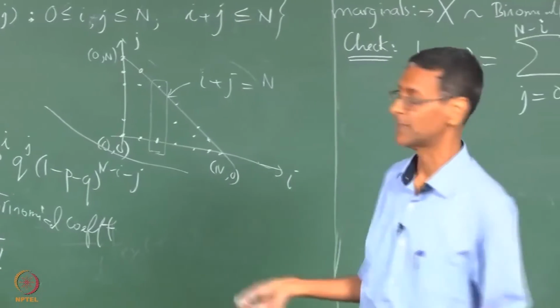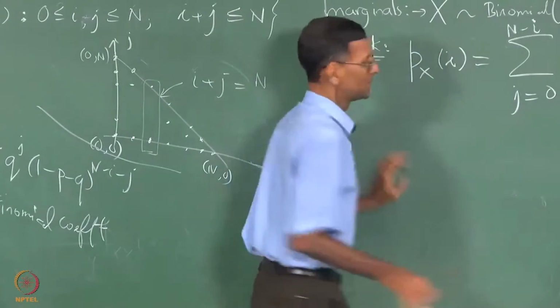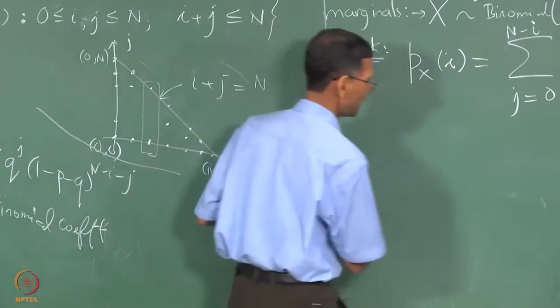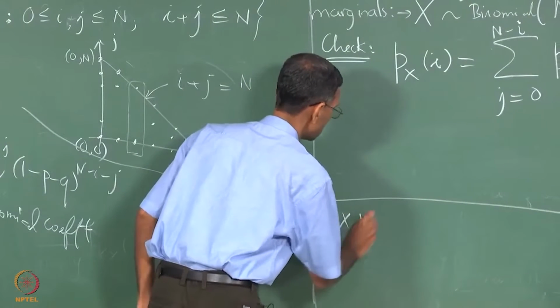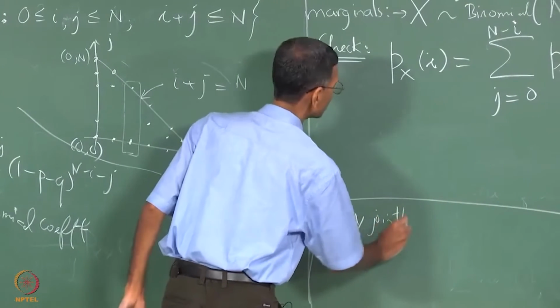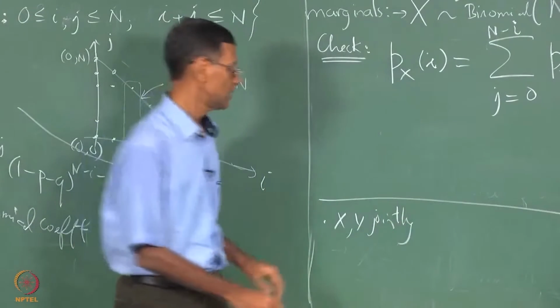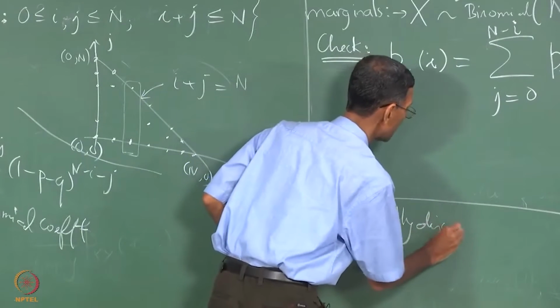X and Y being jointly discrete means, in other words, that they are described in terms of a joint PMF. If they are jointly discrete, they must be individually discrete.